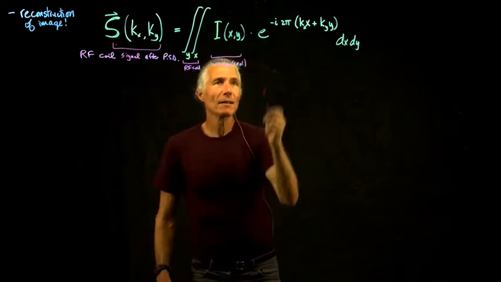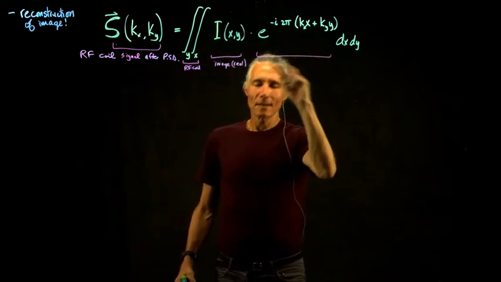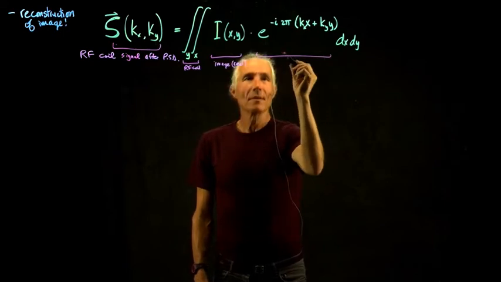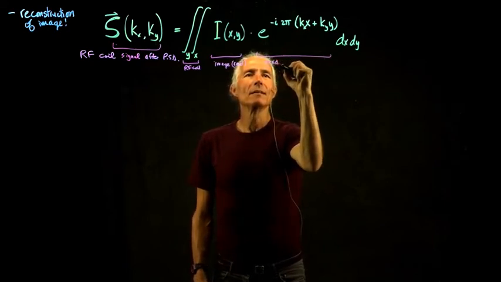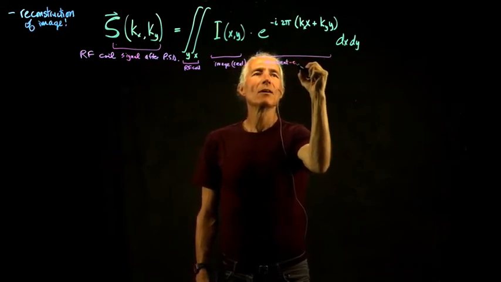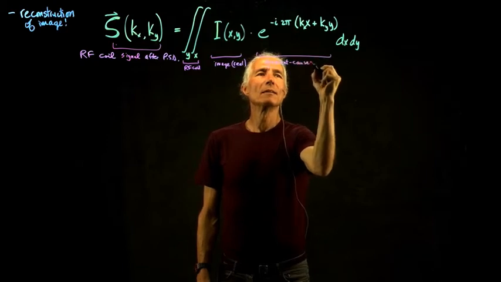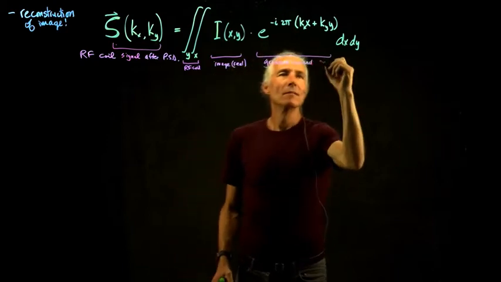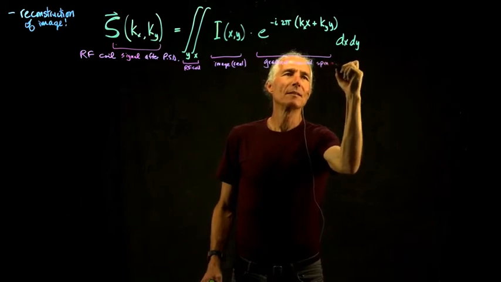And then these things are the gradient caused spin phase wraps.